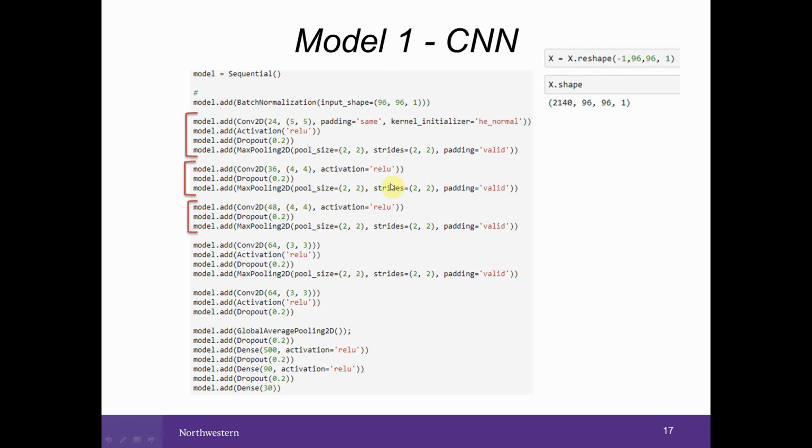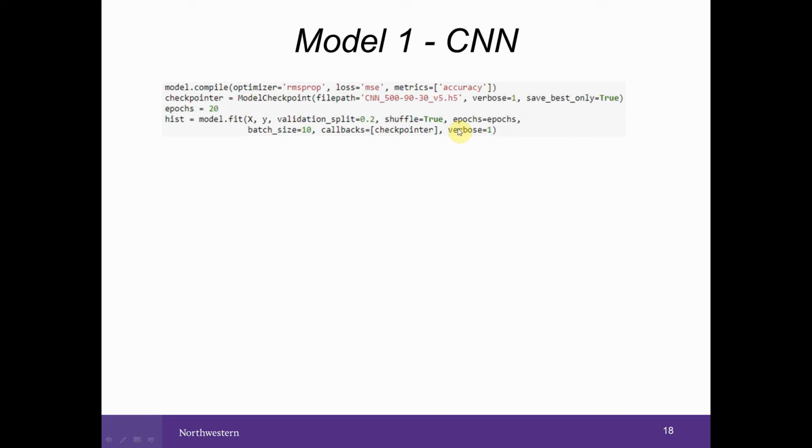Next one, convolutional, activation, dropout, max pooling, and you keep going on down like that. Typically you go down in a reducing manner. Then at the bottom, you throw everything together with a global averaging, and our last output is the 30 node dense layer, the X and Y for the 15 key points.